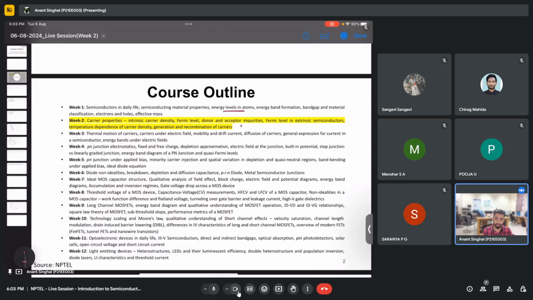That is, if we have a semiconductor, what can be the properties, what is the Fermi level, what are the impurities that can be added into a semiconductor which is pure. Then we'll see how the Fermi levels change in the intrinsic semiconductors. And similarly, there are various topics that we will be covering this week.